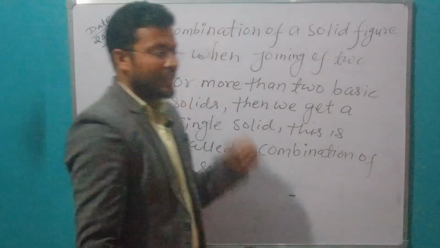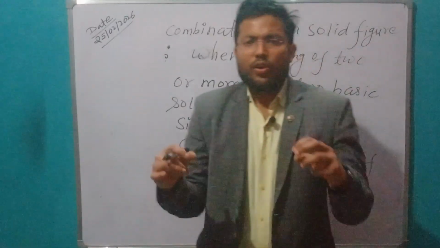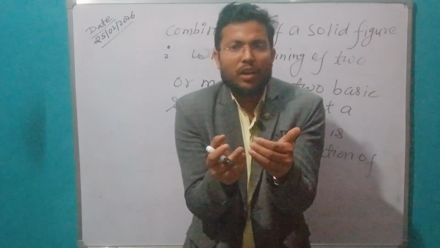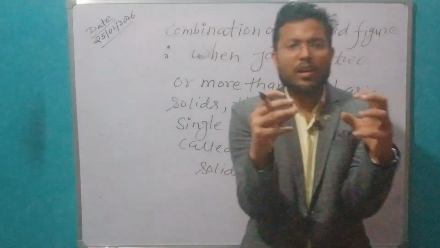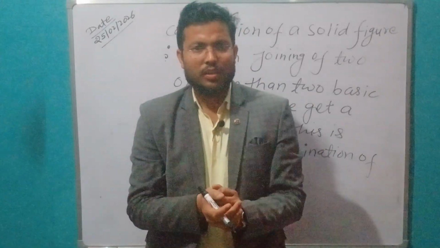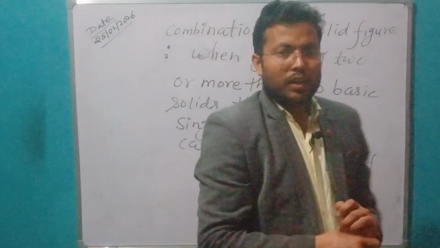So this word refers to the combination of solids, meaning when we join two or more basic solids to make a single solid. This process is known as the combination of solids. Just like you see in the example, it is clear.